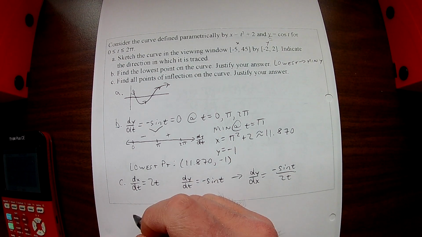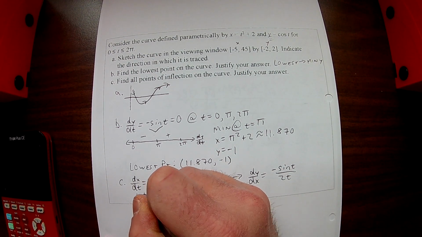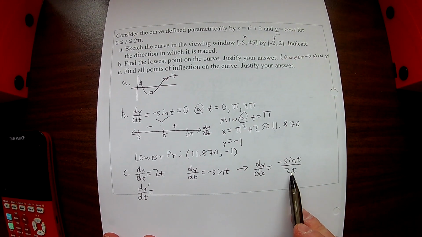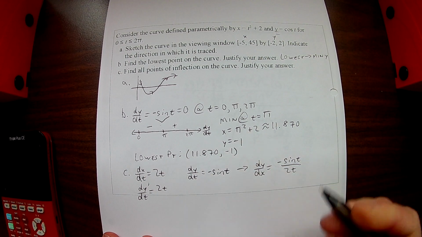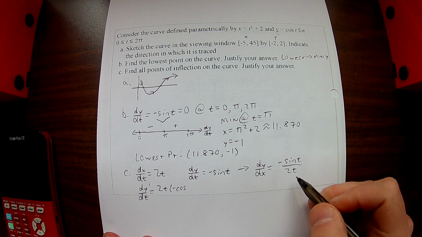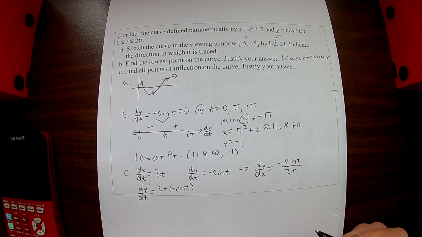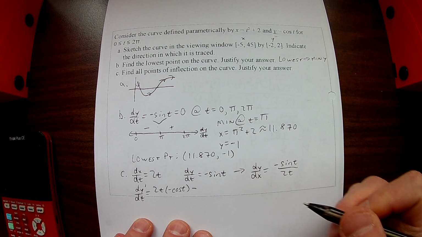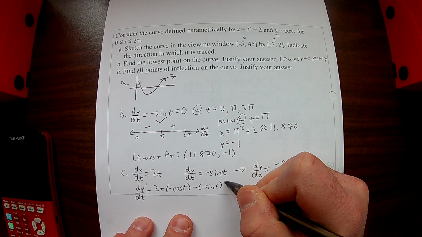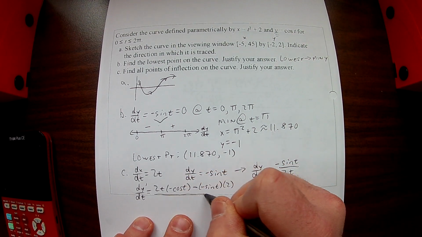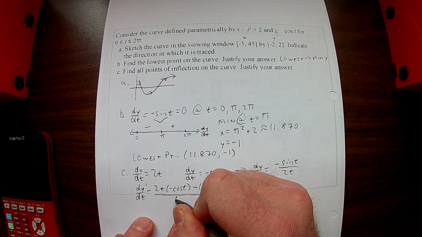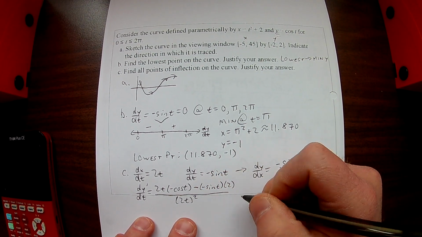Bueno. Now to find the second derivative, I find d/dt of dy/dx, which is equal to, okay, so low d high, 2t times negative cosine of t, oh man, this stinks, minus high d low, all over low squared, which is 2t squared.